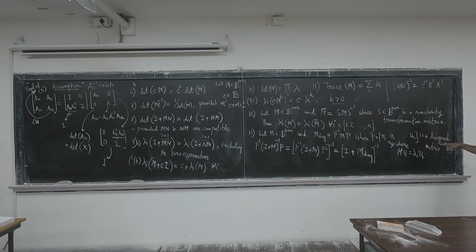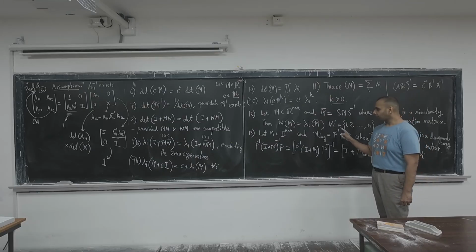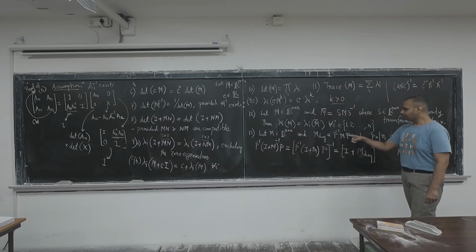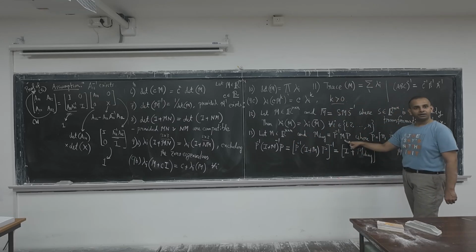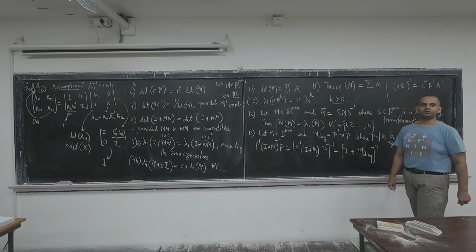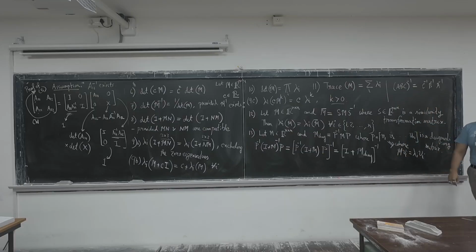So this is the diagonalizing matrix. The property says that the same diagonalizing matrix can diagonalize I plus M inverse as well. Here is the diagonal matrix for M. Now the same matrix P can diagonalize I plus M whole inverse. Please note, not only M inverse. Certainly for M inverse, the diagonalizing matrix is not P. For I plus M inverse, the diagonalizing matrix is the same.